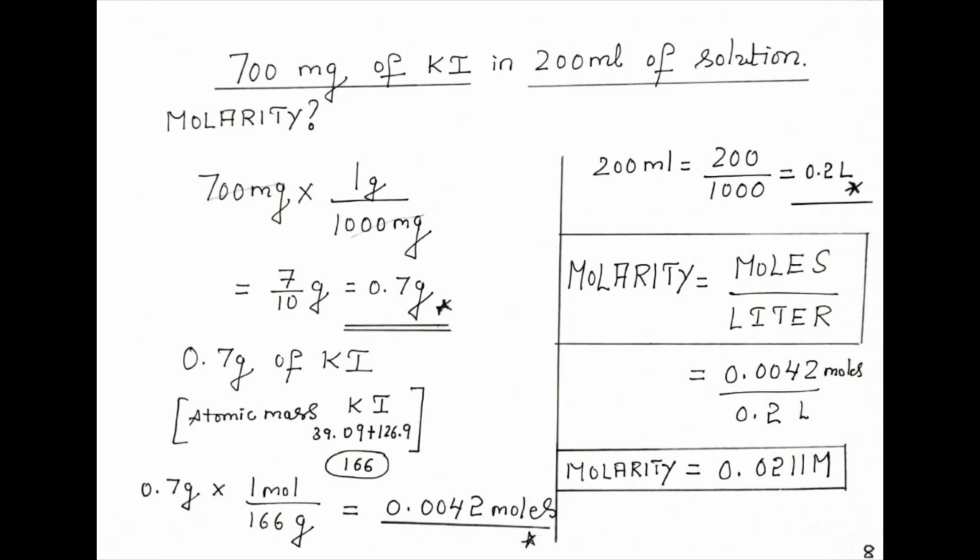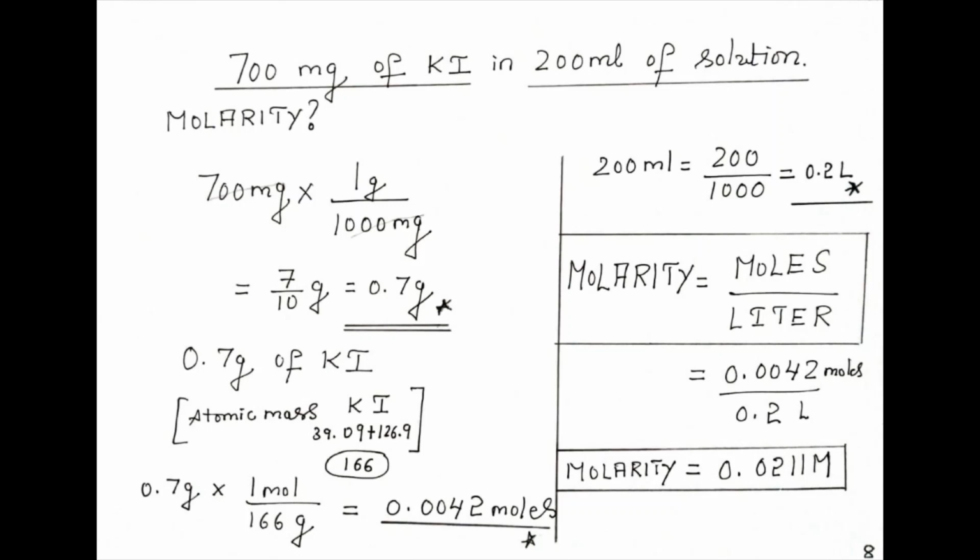And we also know molarity is moles per liter. So for calculation of molarity, we need to do in moles. So convert 0.7 gram of potassium iodide into moles. How to convert? Write down the atomic mass. Potassium is 39.09 and iodine atomic mass is 126.9.